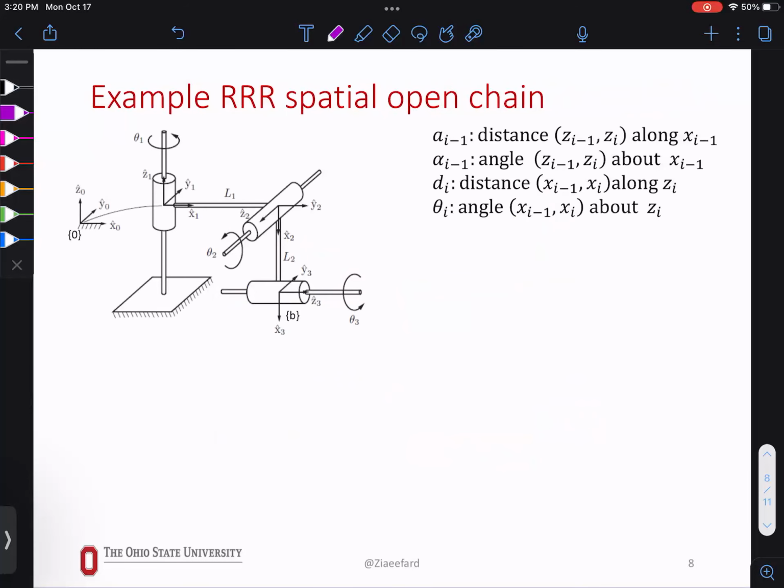Time for an example. So I want you to kind of get started on this one. Think about how many joints you have, and try to create the DH table and see if you can write the parameters. You should always be able to follow those four statements to fill out your table. The first one is a i-1, the second is alpha i-1. So in your table, I'm going to draw how the table should look, but I want you to fill it out.